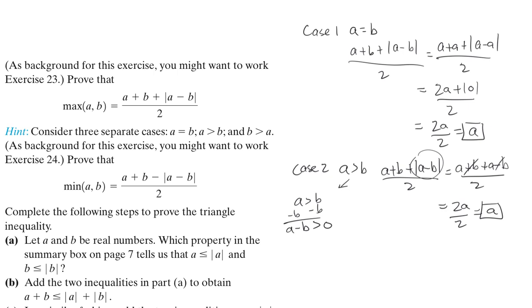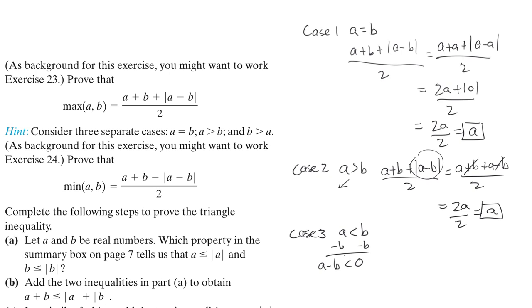Okay, and then the last case is case 3. a has to be less than b. So that means that if I subtract b, once again, a minus b is less than 0. And that is key right there.